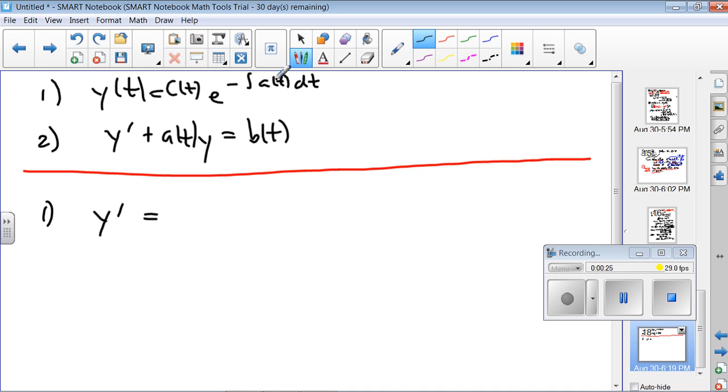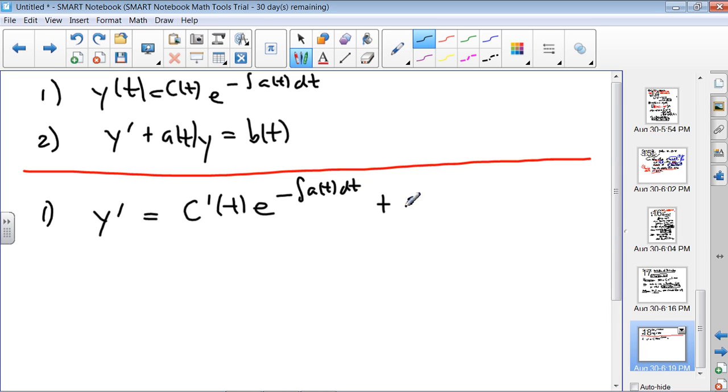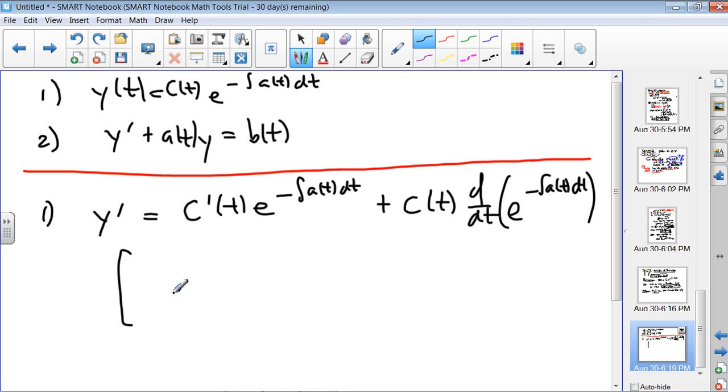Here's one function, here's another function. So we'll do the product rule. The derivative of the first times the second, plus the first times the derivative of the second. I'm going to write this out here just because we want to be a bit careful in taking this derivative. Okay. So let's do that here sort of as a side computation.